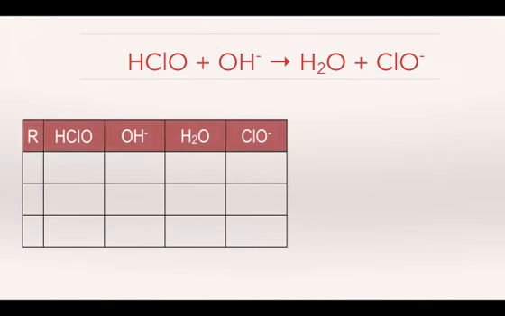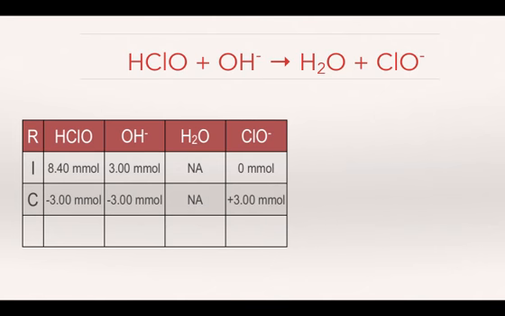Let's look at the reaction between our weak acid and strong base. This reaction goes to completion, or essentially to completion, so we don't have an equilibrium. What we need to do is determine what our limiting and excess reactants are. So we're going to start off with 8.4 millimoles of hypochlorous acid and 3.00 millimoles of hydroxide ion. This reaction, since it's going to go to completion, will use up the reactant that we have the least amount of.